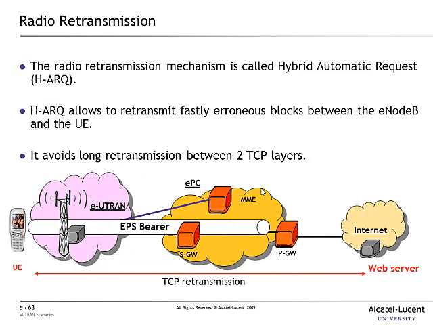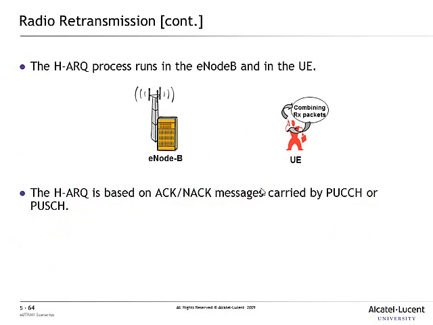Another aspect that we have in LTE radio transmission is HARQ, hybrid automatic repeat request. In HARQ, when we have data blocks that are received in error, they need to be retransmitted. HARQ is a process which facilitates that.